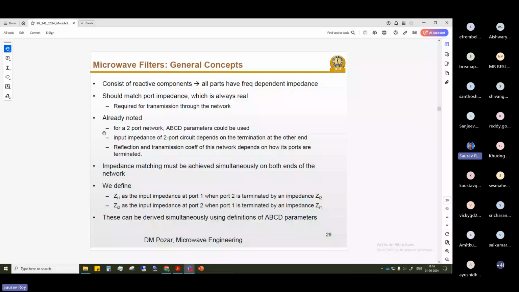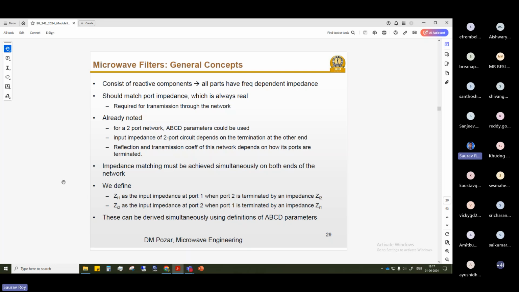In microstrip line, another extra thing is that you have to match them as well. There might be multiple ports, and all of these ports you have to match very well. So a matching network will be an additional requirement. Another terminology in microstrip line or any filter is image impedance.